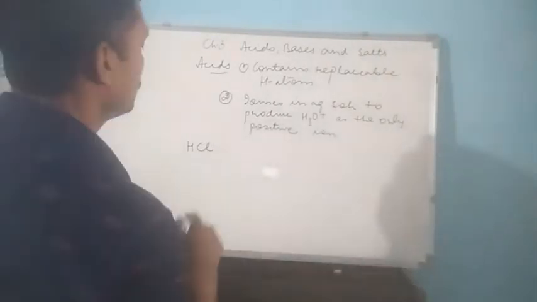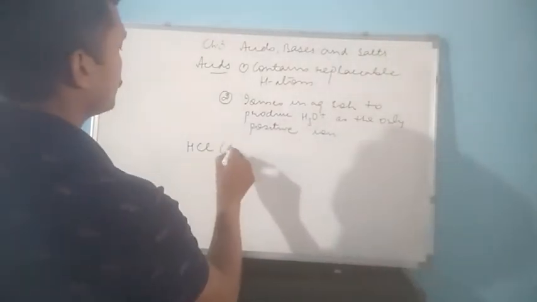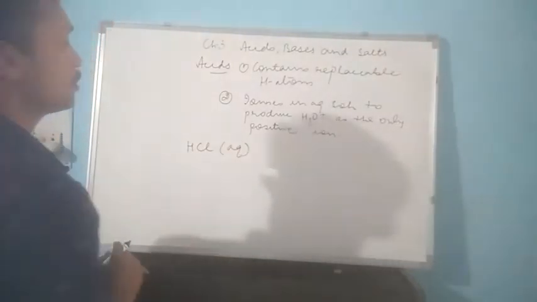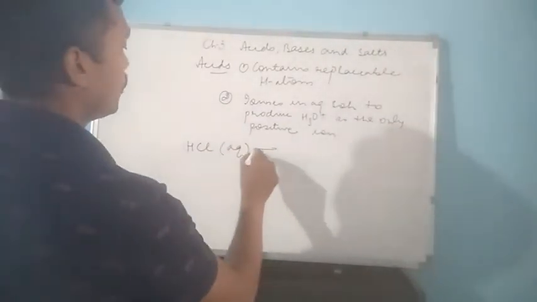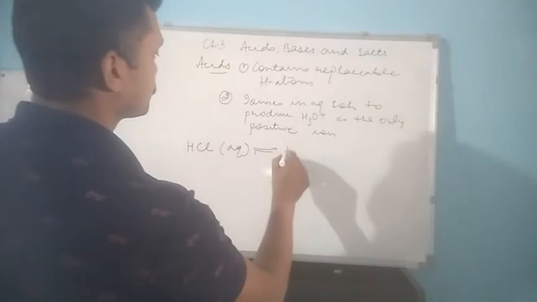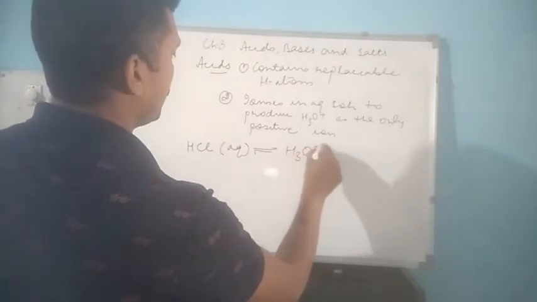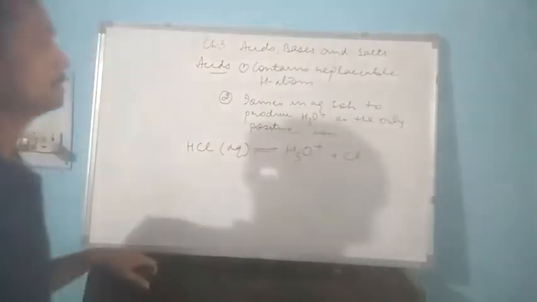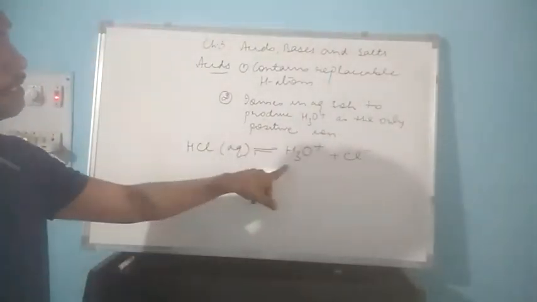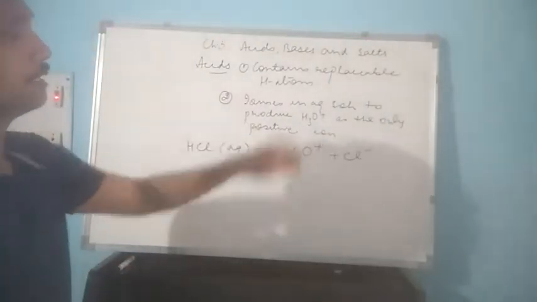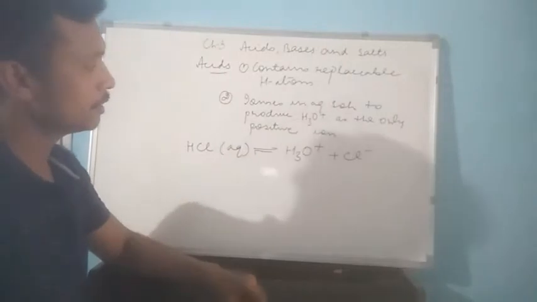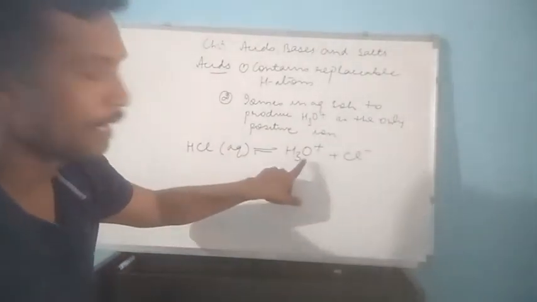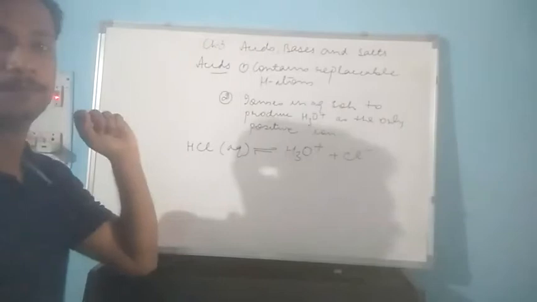This replaceable hydrogen atom can ionize in the aqueous solution and will form hydronium ion plus chloride ion. Now if you see this, you will find the second condition is also fulfilled because it is producing hydronium ion as the only positive ion.